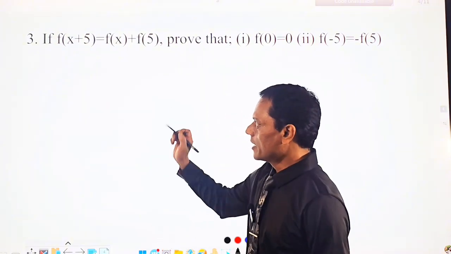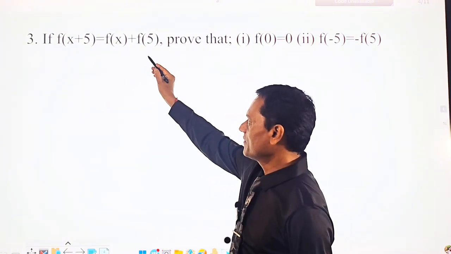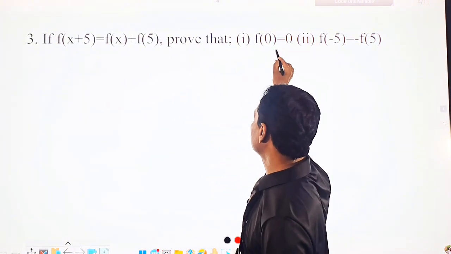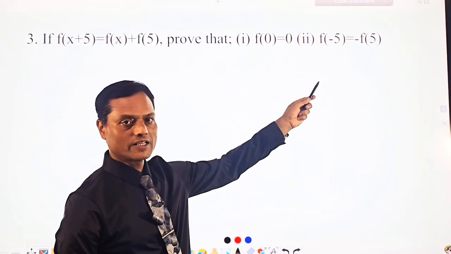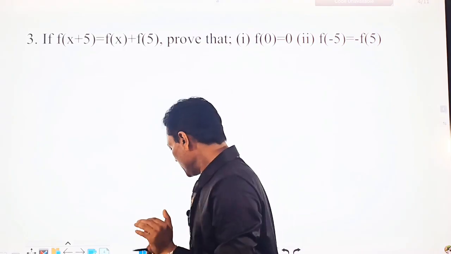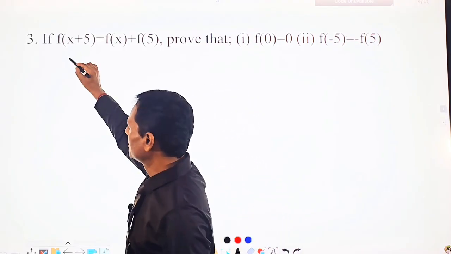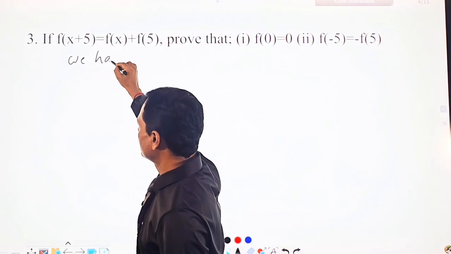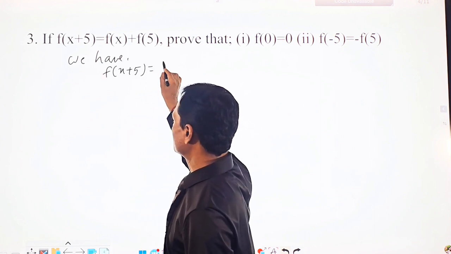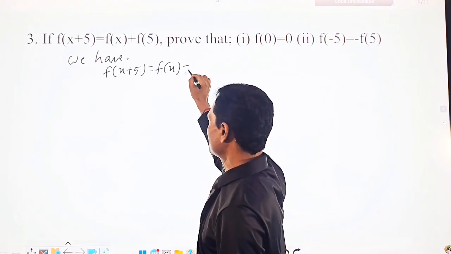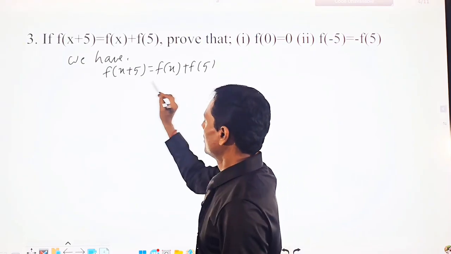Next question: f(x plus 5) equals f(x) plus f(5). Then we have to prove f(0) equals 0 and f(minus 5) equals minus f(5). First of all, what do we see here? We have f(x plus 5) equals f(x) plus f(5), right?